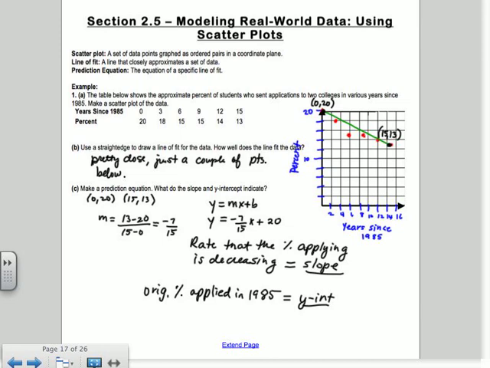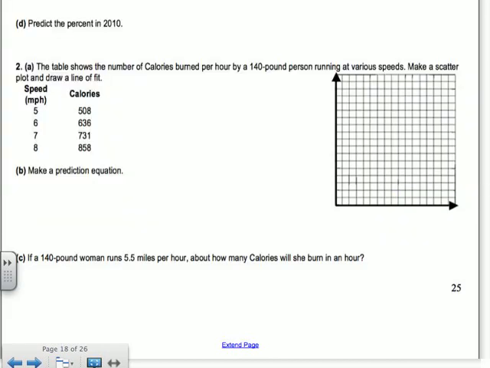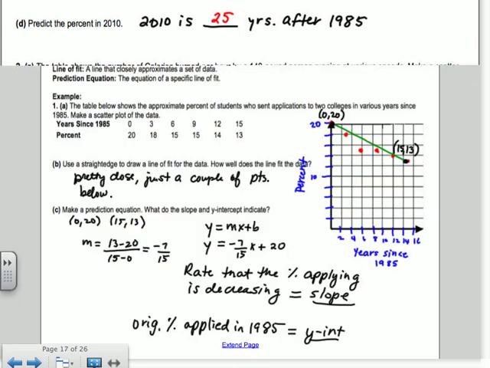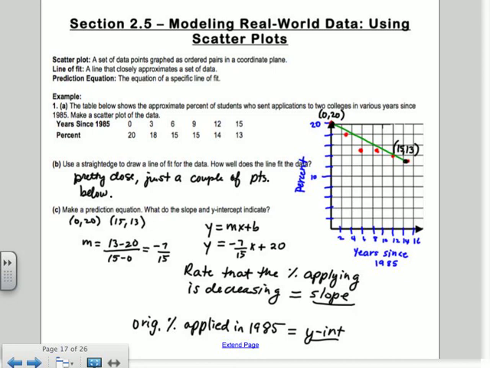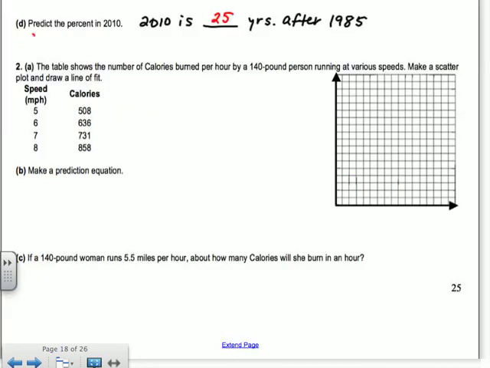All right, let's go to the next one. D, predict the percent in 2010. So 2010 is how many years after 1985? 25, right? So in our equation, x was represented by the years since 1985. So in our case, x is 25.